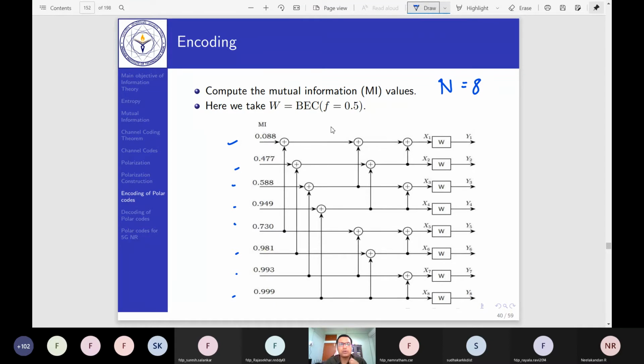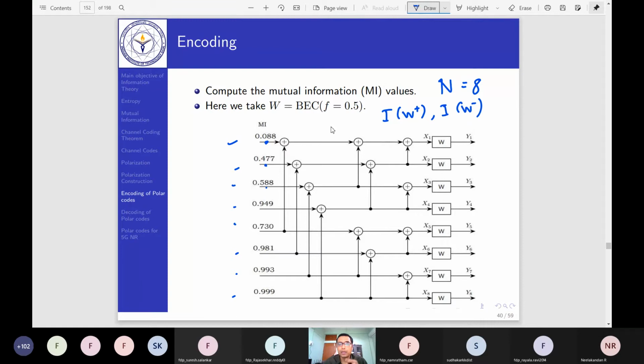So for that, see, this bit goes through a particular channel, and this bit goes through another particular channel. Suppose for that particular channel the mutual information is computed like this. For the binary erasure channel, the mutual information can be computed quite easily by that recursive relationship: I(W plus) and I(W minus).